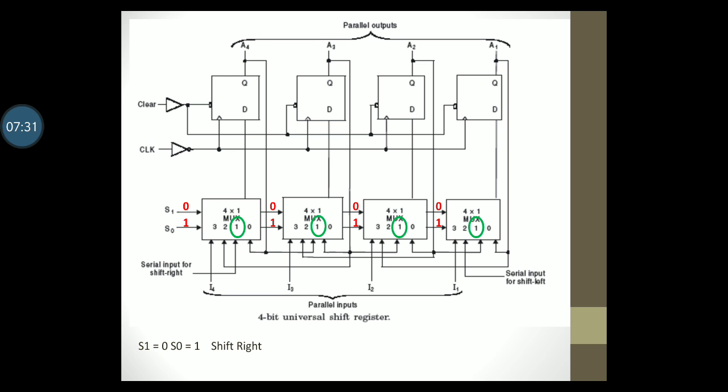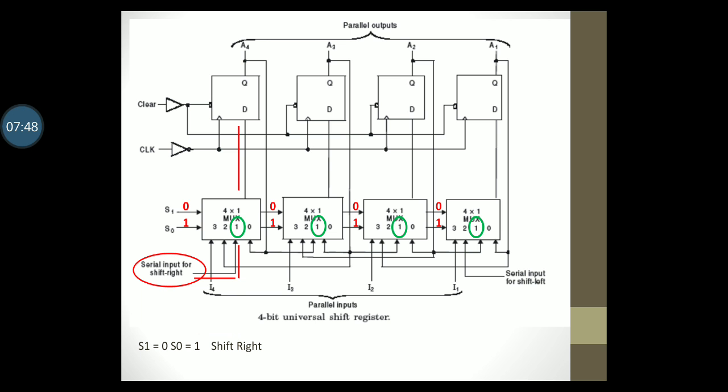So, let us take the first flip-flop to see how this shift occurs. For data to be shifted right, it has to be given at this point. So, the movement of data is like this.